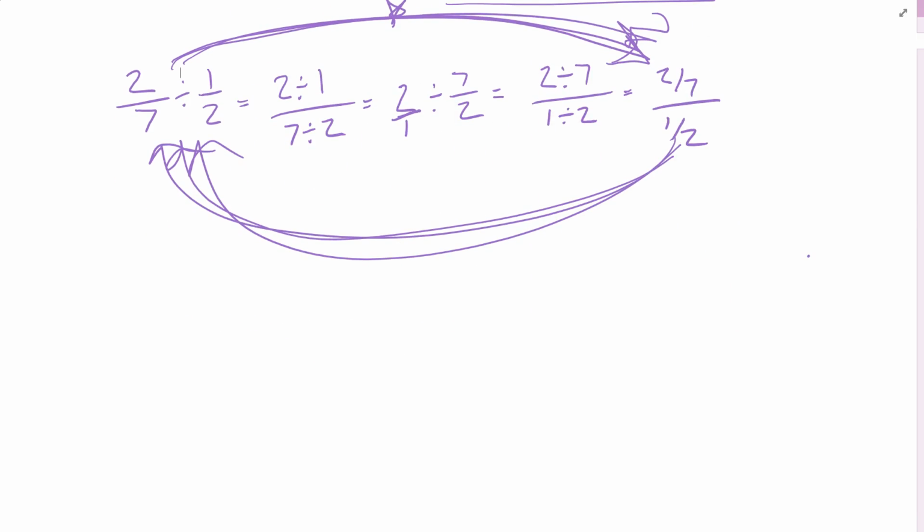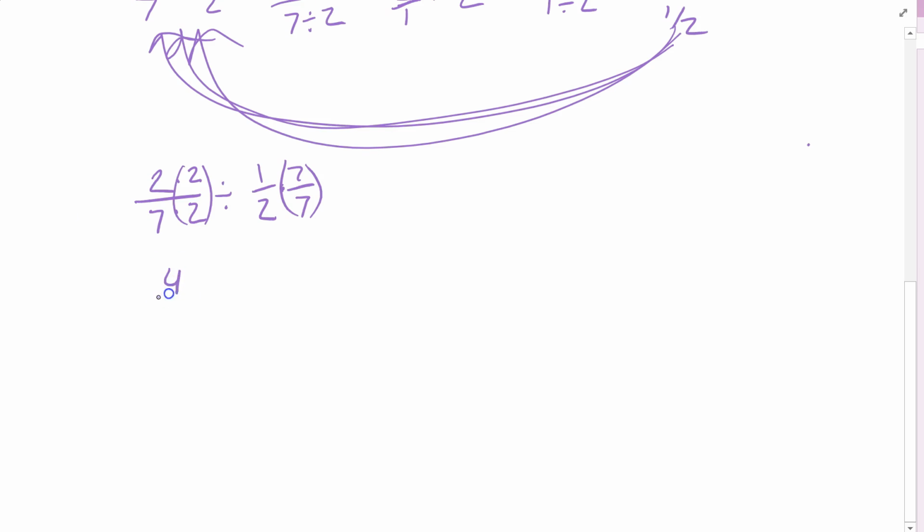Now I could manipulate the problem and say, okay, well, 2/7, I can multiply top and bottom by 2, divided by 1/2, multiply here, top and bottom by 7. Anytime I multiply a fraction, top and bottom by the same thing, I'm really just multiplying by 1, which doesn't change the fraction.